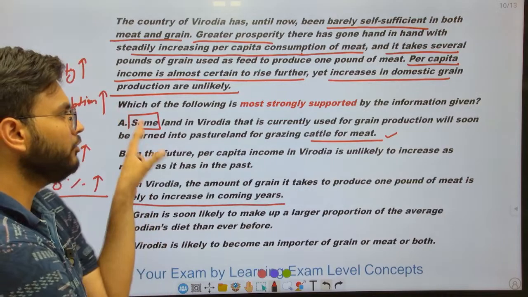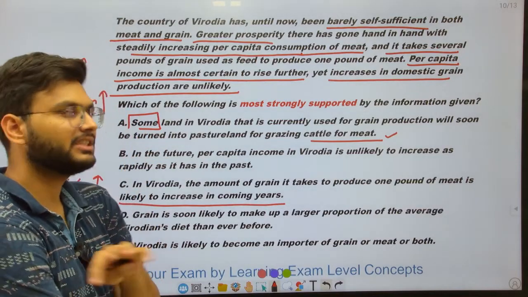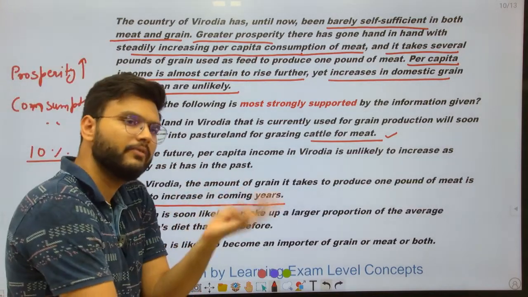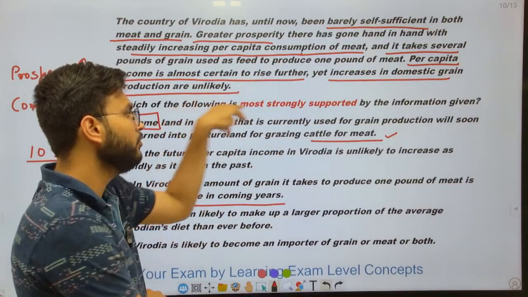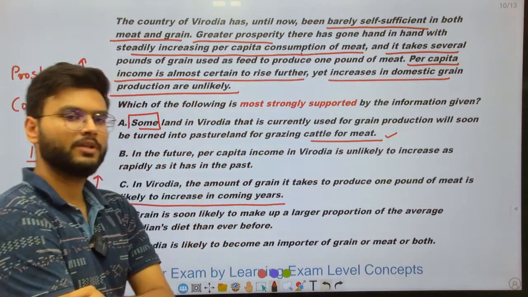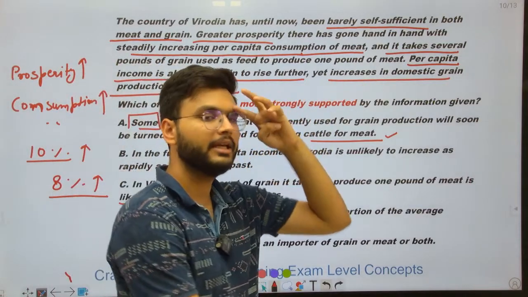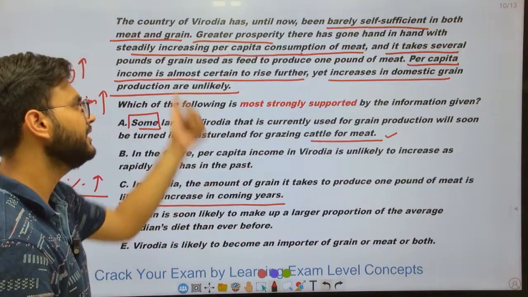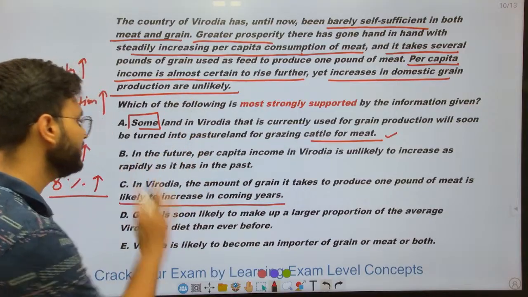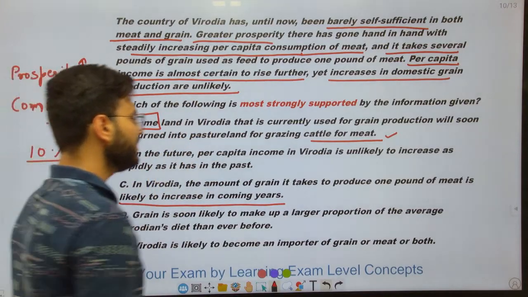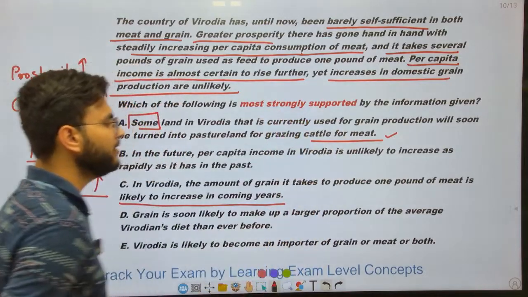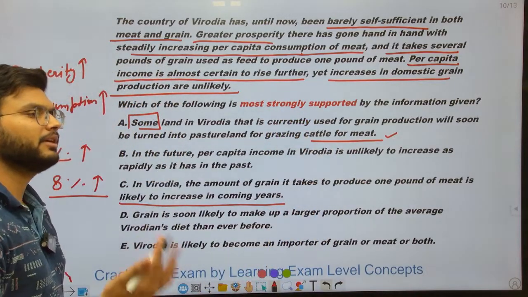Now I need to look at an option choice which tells me that their demands will get fulfilled, because it says most strongly supported. Already I know I cannot increase the domestic grain production because it has been said to me. Now this option choice tells me that the amount of grain it takes to produce 1 pound of meat is likely to increase in coming years.